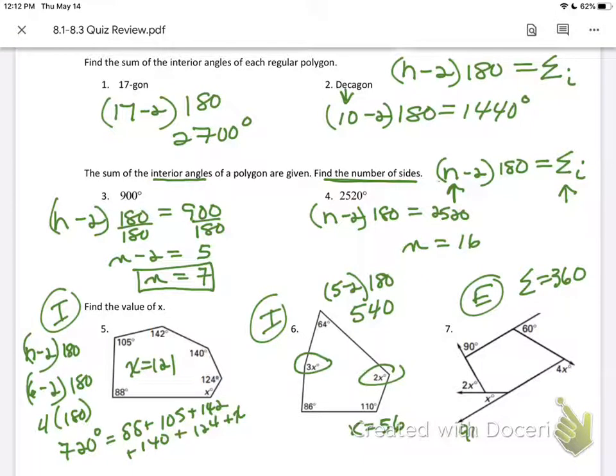So I have 90 plus 60. Let's talk about our x's: 4x plus 1 more is 5 plus 2 more is 7. 7x equals 360. So I'm going to solve for x, and I'm going to find that x is 30. So 30 is my x value there. 56 is my x value here. Okay, let's go on to the next page.